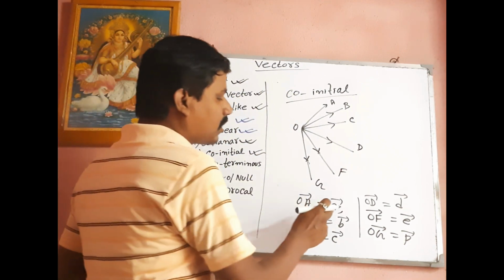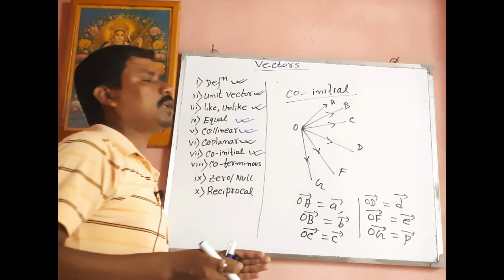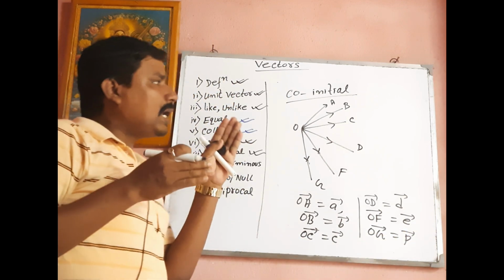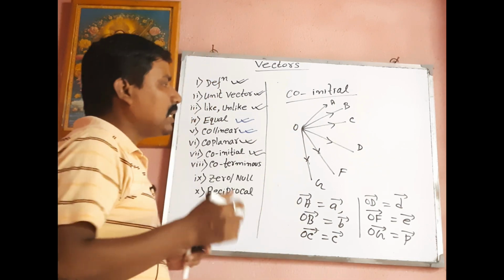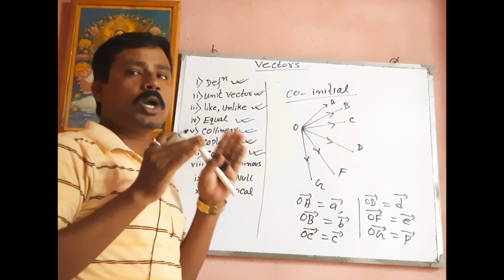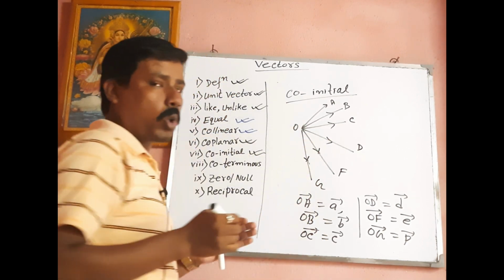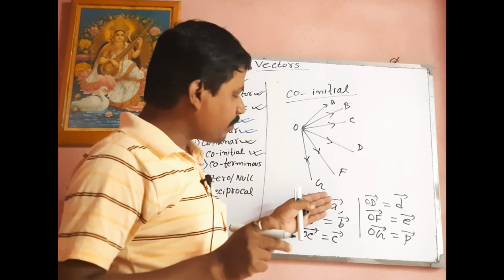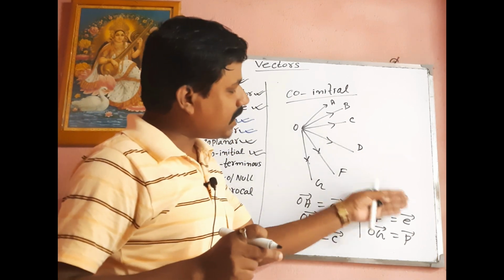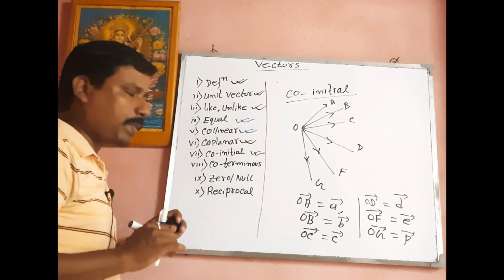So all these vectors A, B, C, D, E, P have one initial point O, and these vectors are called co-initial vectors. That is, all the vectors start from O. O is the initial point of all vectors A, B, C, D, E, P. So this is the complete co-initial part.